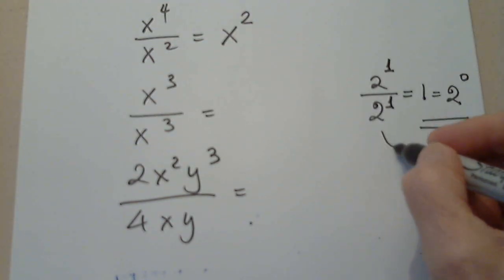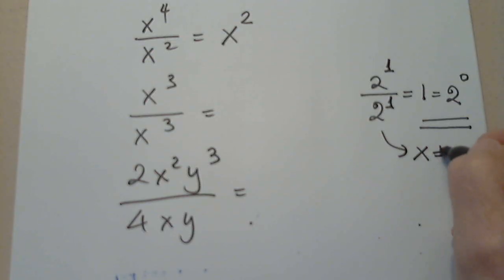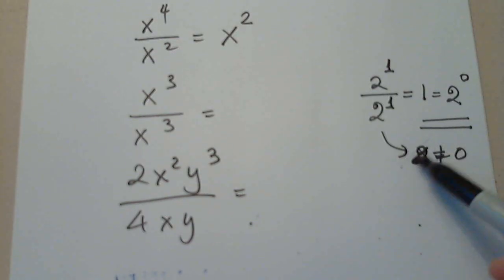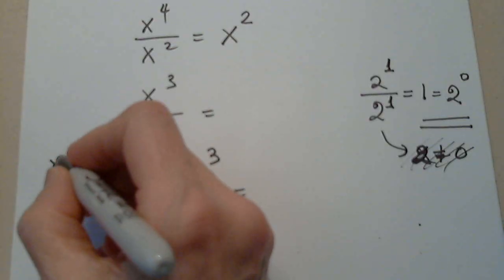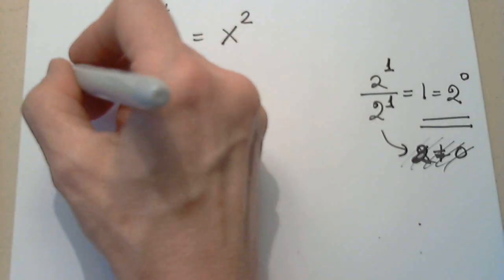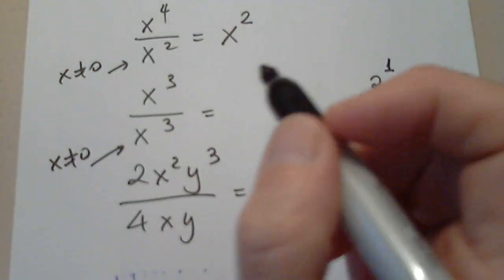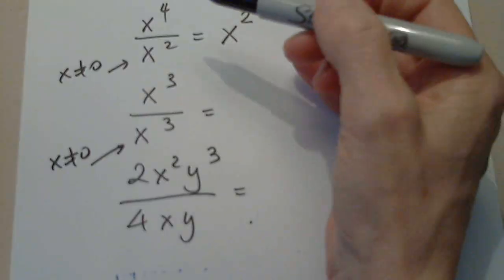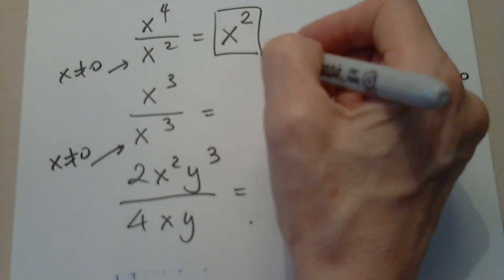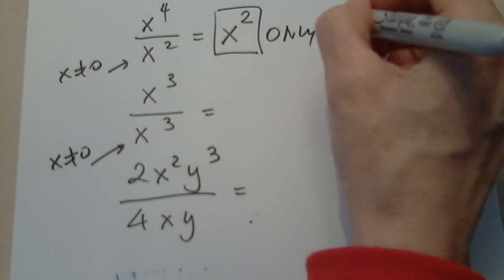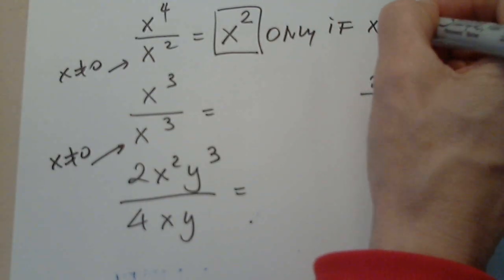Now, there is no need here to write that 2 is not 0. It makes no sense. But here I have to write x not equal 0. So here's my point. X to the 4th over x squared equals x squared only if x does not equal 0.